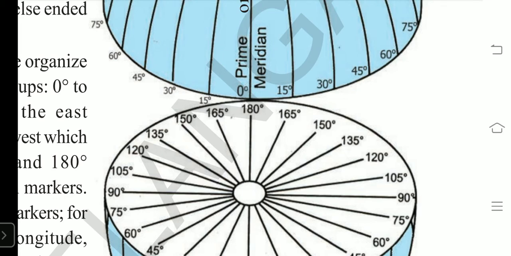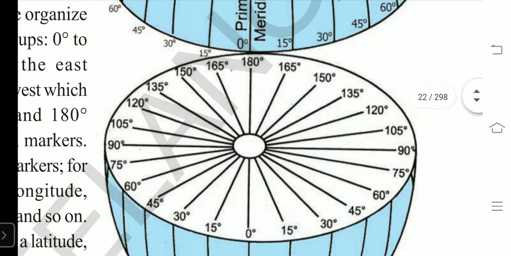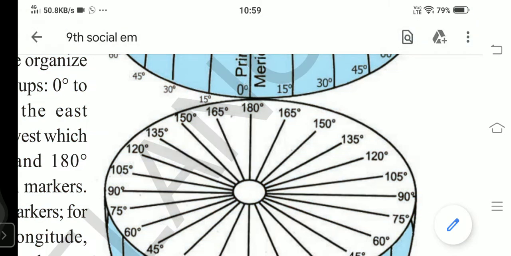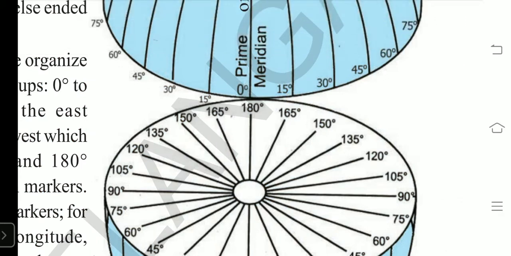So how to calculate the time, we'll see here. For example, if it is 12 noon on the prime meridian, then on 10 degrees east, the local time is different. Understand? See, this is 0 degree longitude, and next is 15 degrees.